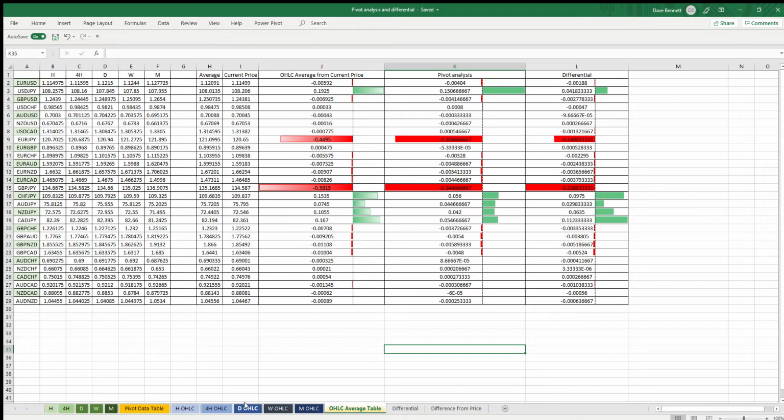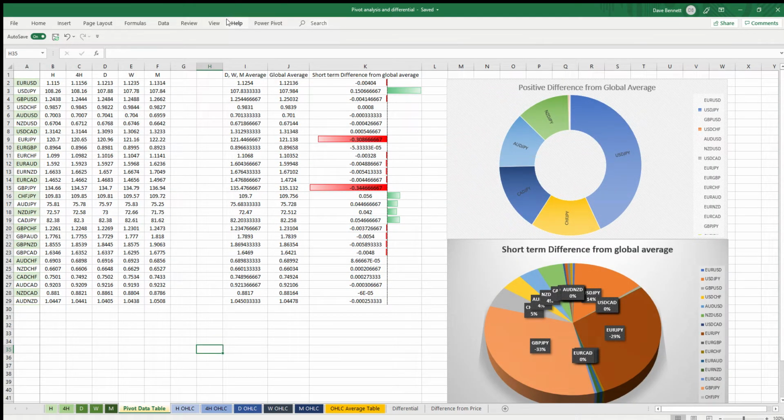And so we go back to this, and we go to data, refresh, and then it grabs the data from Action Forex for the pivots and for the open, high, low, close. That's from my Fixbook.